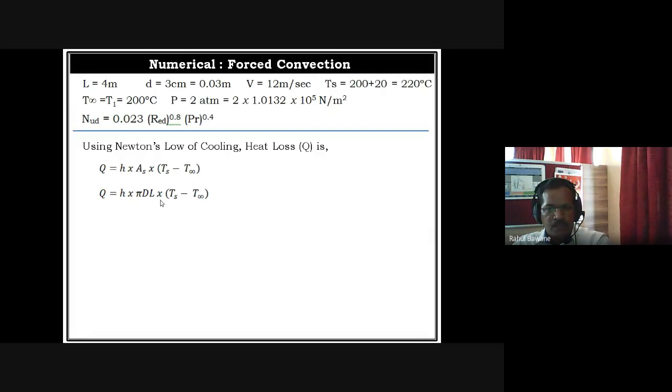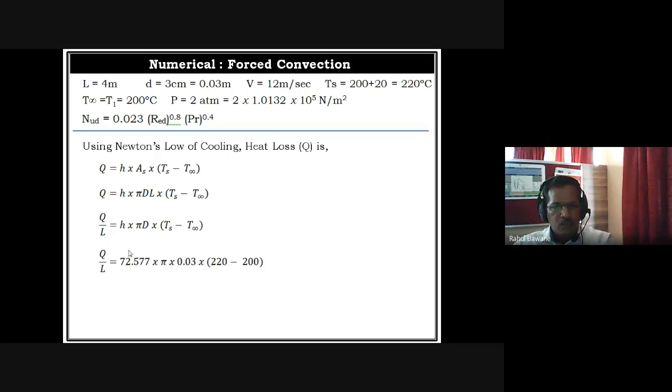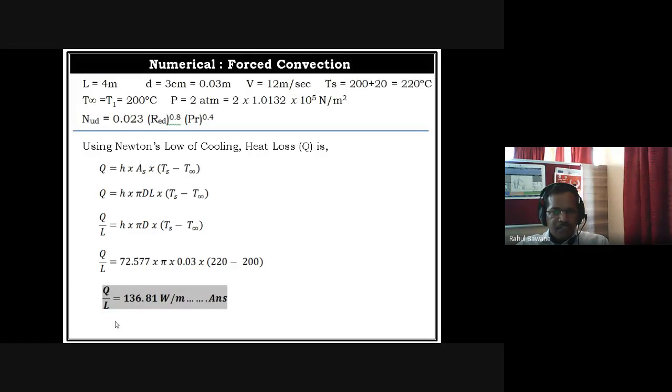Pi d L. This is the total surface area, but they don't provide a length, so we shift this length and it will be Q by L. So h, pi d, surface temperature minus T infinity. Put the values: h is 72.577, pi d with d 0.03, temperature 220 minus 200. So hence we obtain Q by L, the heat transfer rate per unit length, as 136.81 watt per meter. This is our first answer.